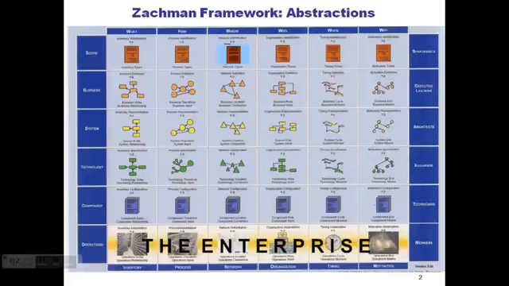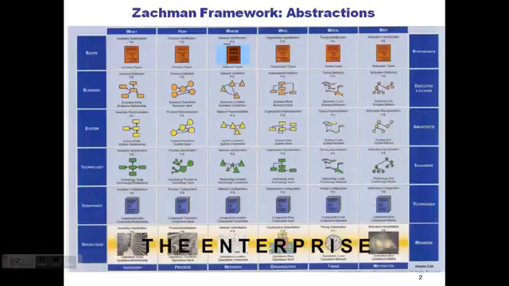Now let's start with the abstraction of the framework. All the columns in the framework, as you can see here, are the different abstractions of the Zachman framework. We start with the first column, which is called what.